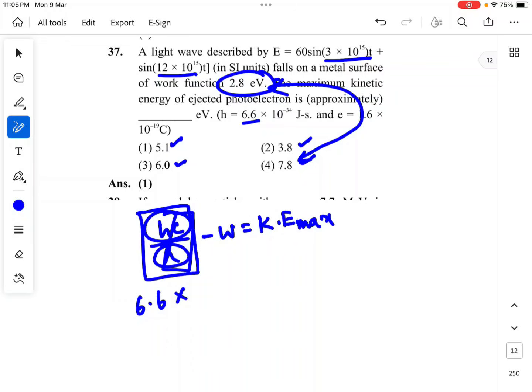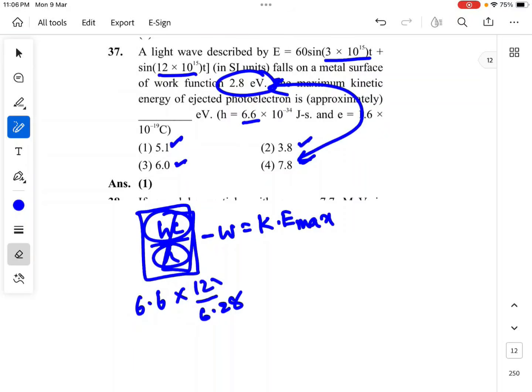So obviously, you need maximum energy, from which you will subtract the work function, and then you will get the maximum kinetic energy. So if you consider c by lambda, which is nothing but frequency, that is omega by 2 pi. Omega is 12 into 10 power 15. I don't care about 10 power 15. Divided by 2 pi, that is 6.28. This is one thing I will do.